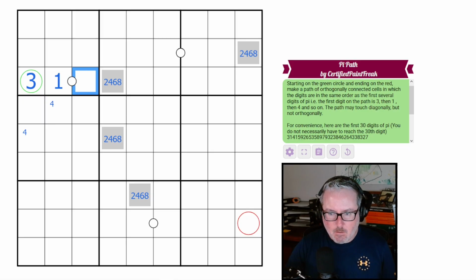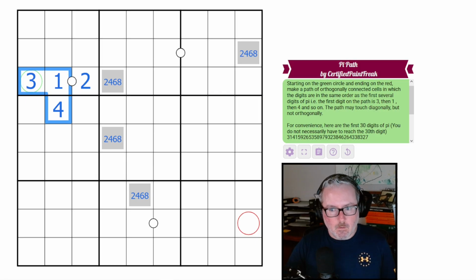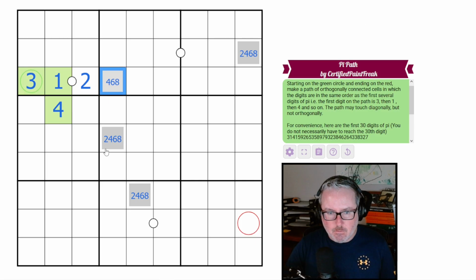Okay, good. We're starting to get the brain to work again. Now we know we have to go down to get to the 4, and I'm going to start coloring our path. I'll use green so that we can differentiate the digits from non-paths. This is not 2. Now we have a 4 here. We can't go backwards to the 1 because we can't touch orthogonally.